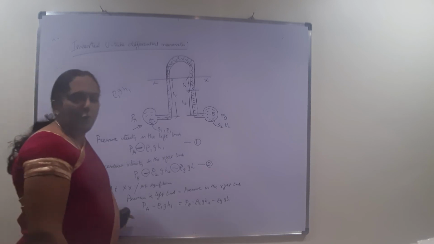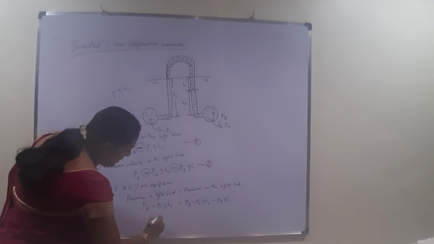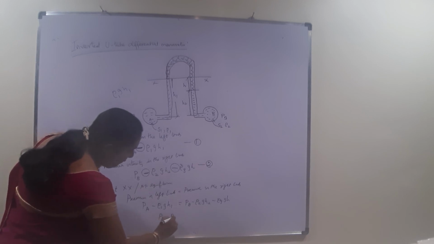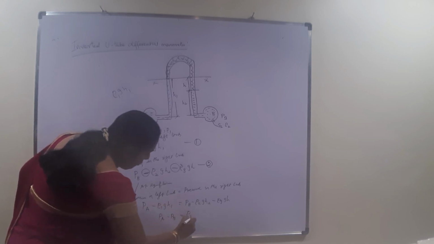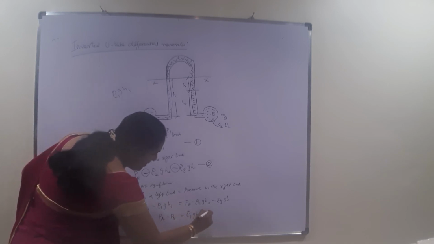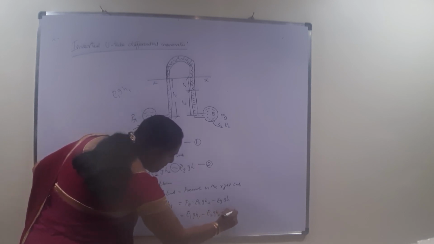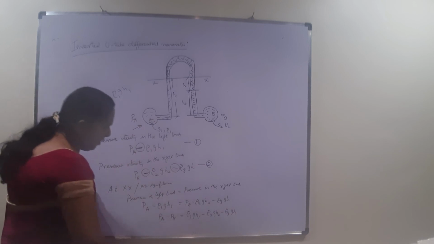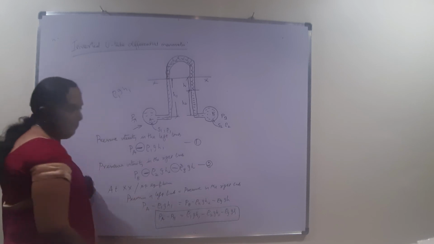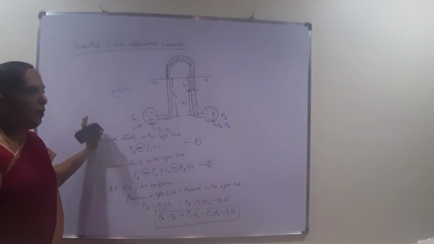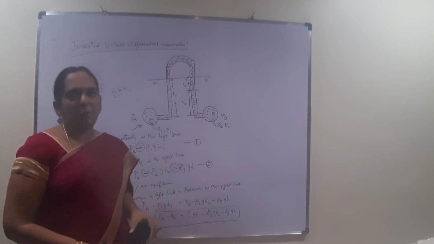Now we rearrange and simplify it. PA minus PB, bringing this to this side, equals rho 1 g H1 minus rho 2 g H2 minus rho G g H. So this is the equation for inverted U-tube manometers. Is it clear, guys? In the next video, we will see a few problems with this inverted U-tube manometer. Thank you, guys.